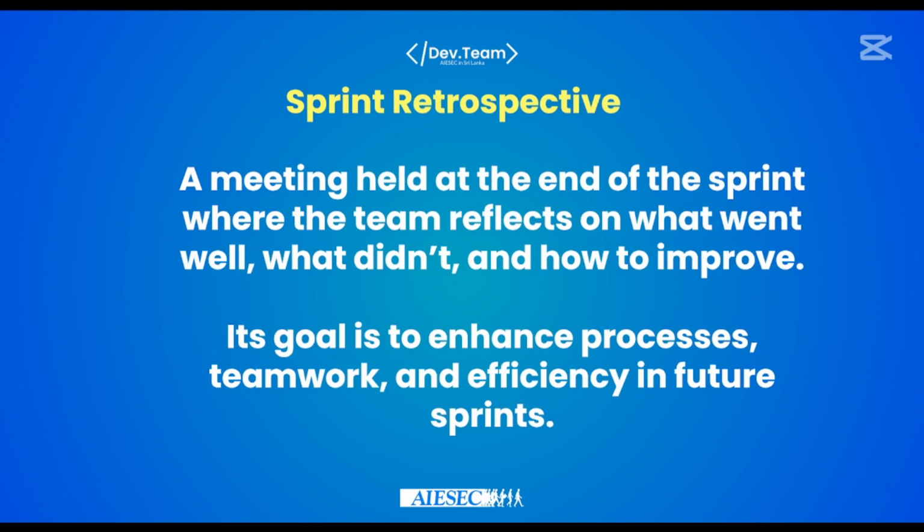Then we have the retrospective meeting, a meeting held at the end of the sprint where the team reflects on what went well, what didn't, and how to improve. Its goal is to enhance processes, teamwork, and efficiency in future sprints. So this is very important.